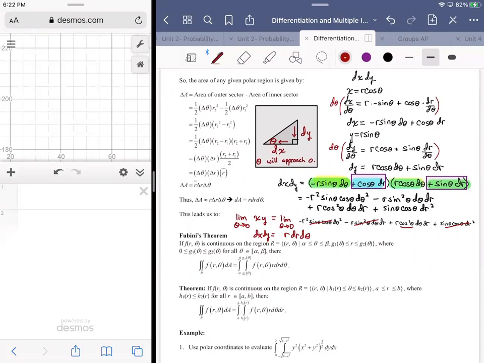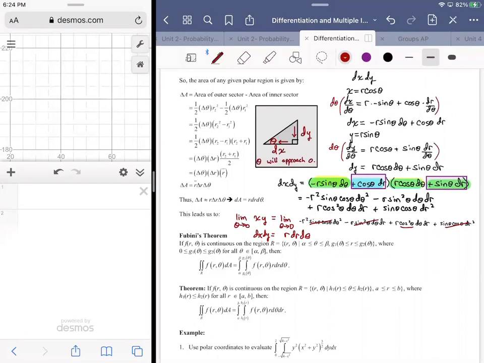So we have an example that follows that talks about using polar coordinates to evaluate an expression, but I think that might be a little premature. We should probably go back and tackle that problem that we couldn't do, or didn't want to do, using rectangular coordinates, and see what we can do with polar coordinates.